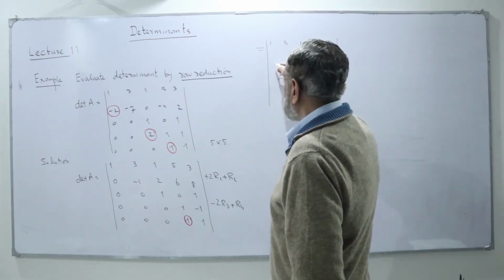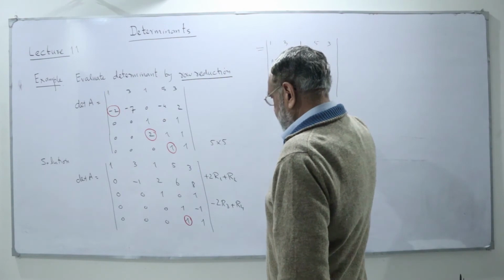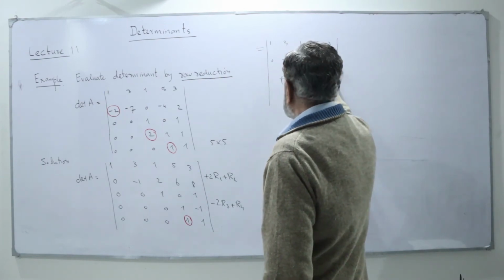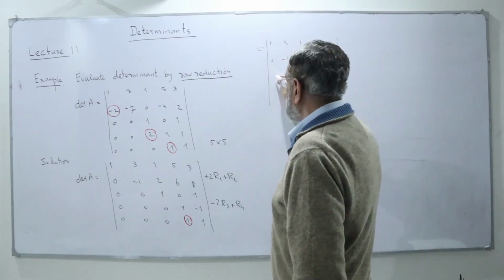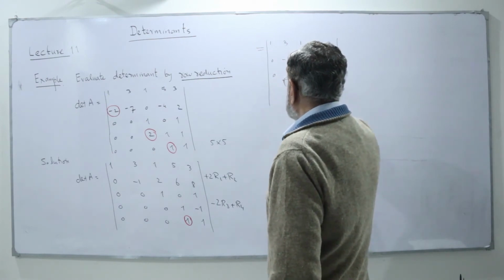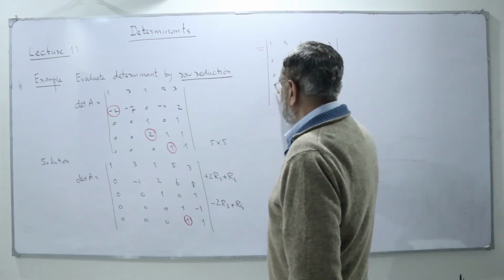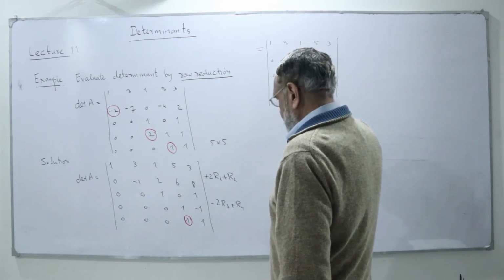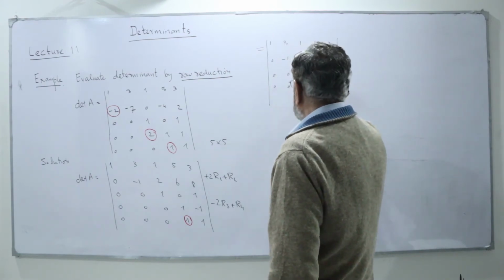My second row is 0, minus 1, 2, 6, 8. My third row is 0, 0, 1, 0, 1. My fourth row is 0, 0, 0, 1, and minus 1.